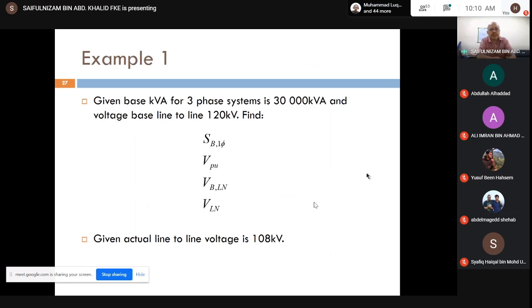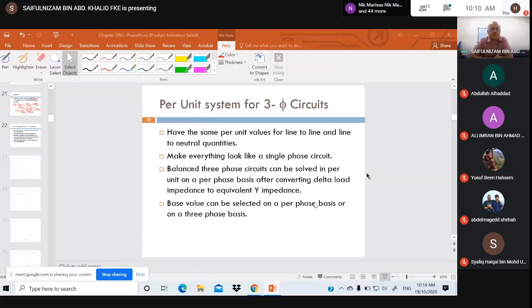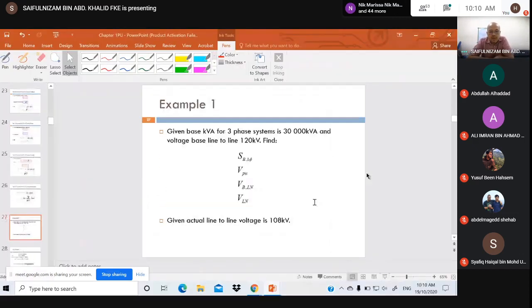Okay, let's try another exercise. Given the base kVA for a 3 phase system is 30,000 kVA or 30 MVA, and the voltage base line to line is 120 kV.